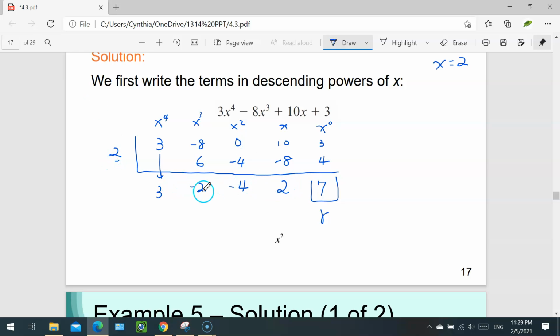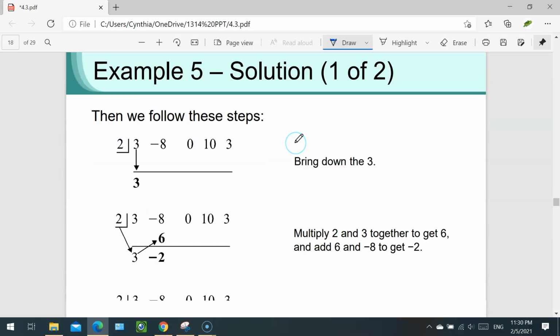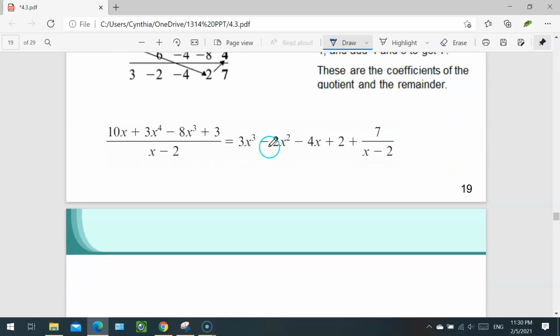How about the other 4? What do they represent? This term is the constant term. Then you have the x term, x squared term, and the x cubed term. So if I put the quotient and the remainder back into this polynomial form, we will write it down. Let me scroll down here. They give us that solution here. We use this polynomial to divide by x minus 2, right?